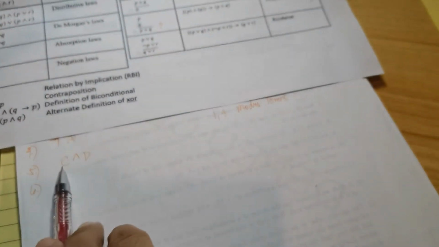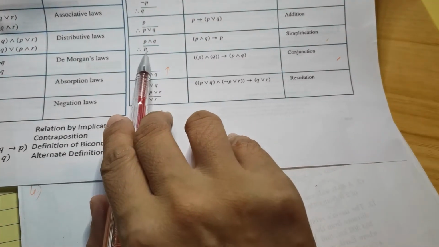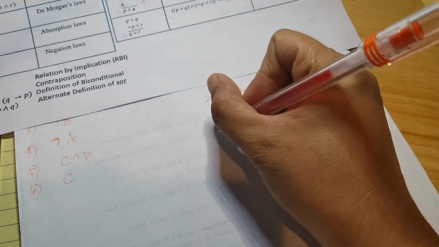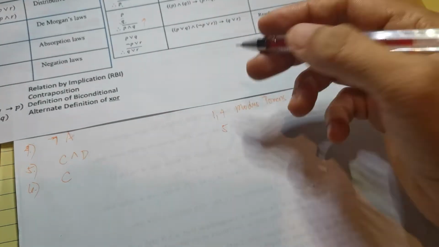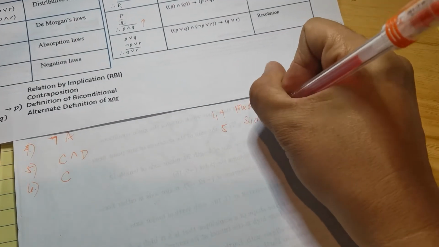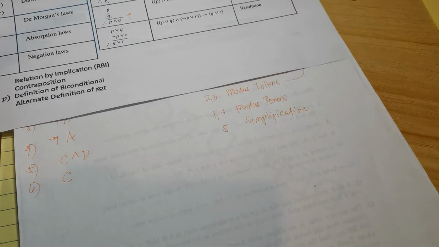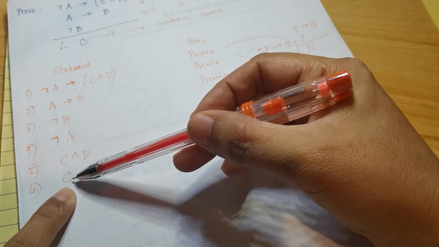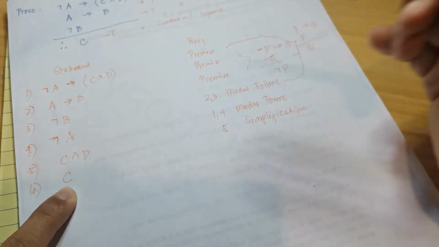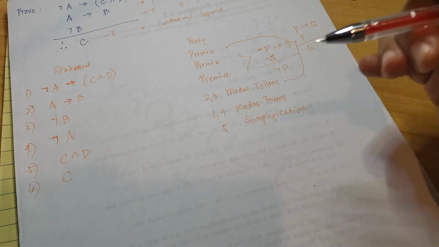So, kapag P and Q daw, we can conclude that P is true or C is true, applying now in statement number 5, simplification. Ayan. So, finally, we have arrived at statement C. Okay, so, kung medyo nalilito kayo sa example na to, you can go all over it again.